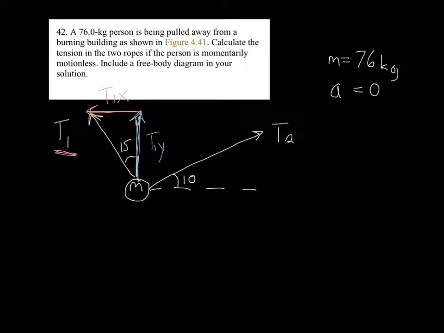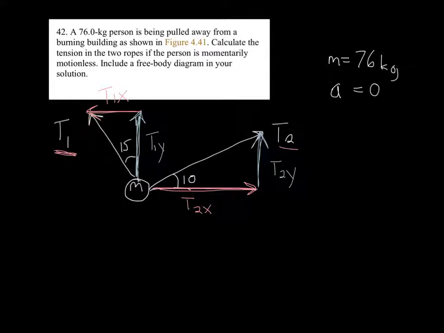Same thing, I can draw my tension 2 in the x direction. It's going over a little bit until I get right underneath the tip of my tension 2 vector. That's going to be my T2x. And then I have a little bit going vertically up. We'll call that T2y. And that again gets me from the tip to the tail of my total vector T2.